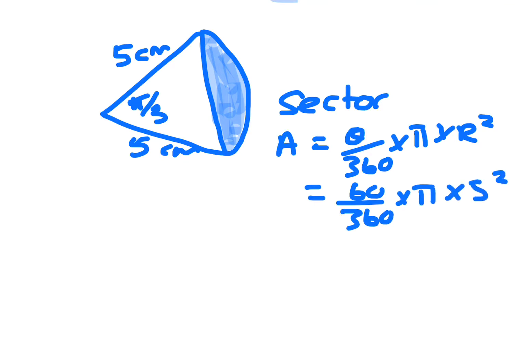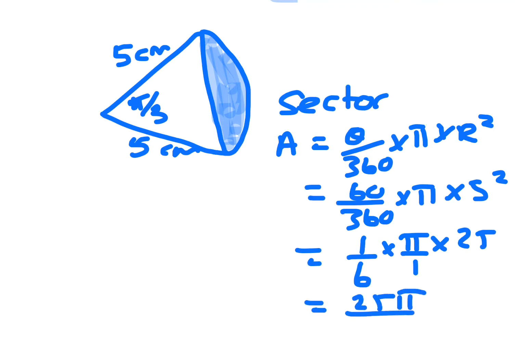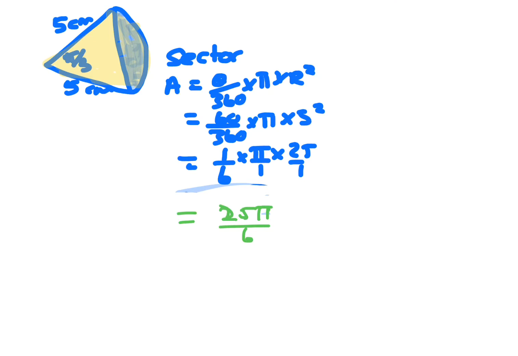That cancels down to 1 on 6 times pi times 25, which is 25 pi on 6. That's the area of the whole sector, so all of this.